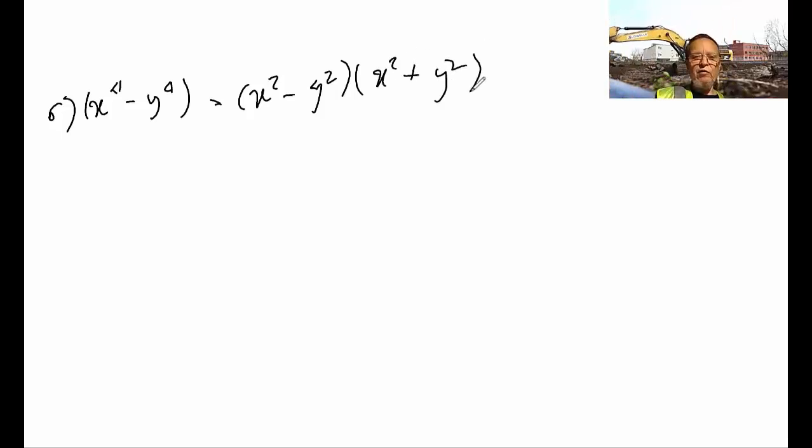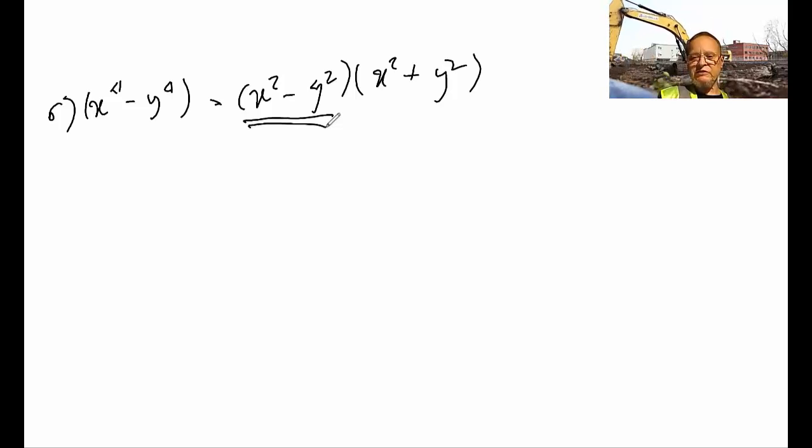But like the earlier one we did in example number 3, we see we are not done yet because x squared and y squared are perfect squares, and here again we have the difference. Of course, this one we can't break down any further because we have a plus sign there. So that factor is finished.